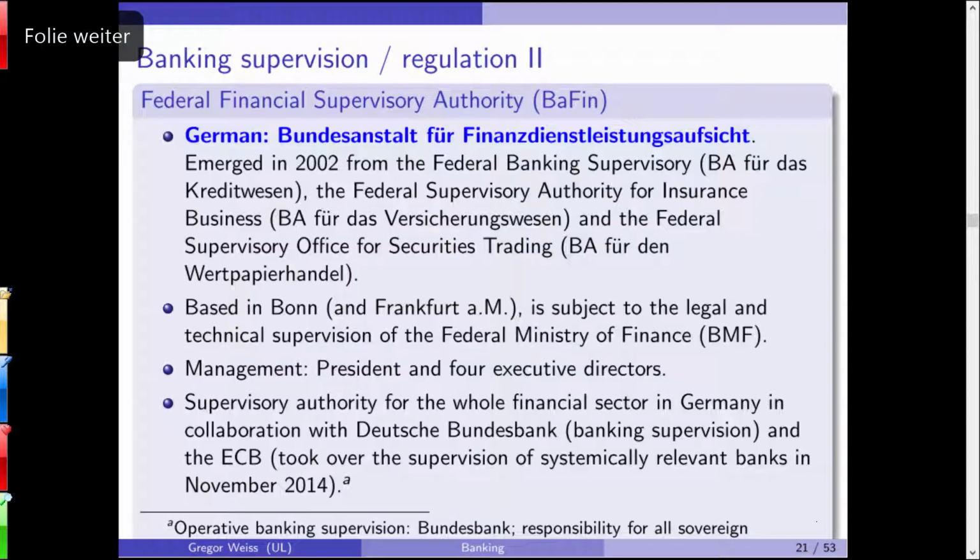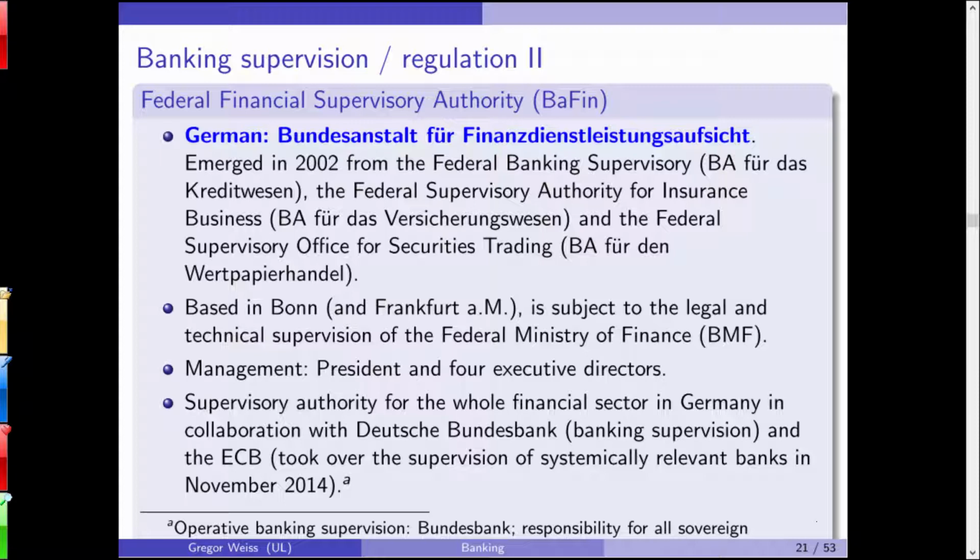Okay, now let's talk about the Financial Supervisory Authority, the BaFin. It was created in 2002, and in fact, this is a development that could be observed in many countries at the start of the 2000s. Why?